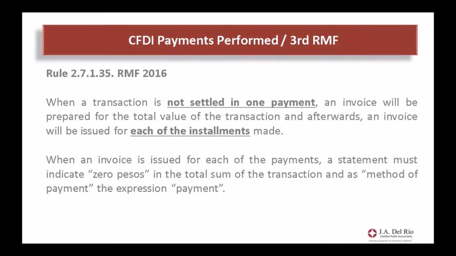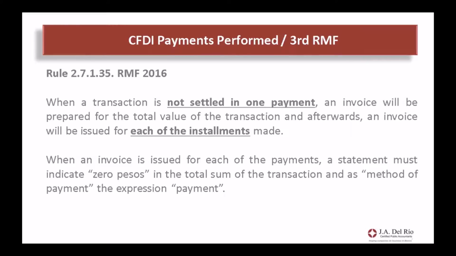So this rule says that when a transaction is not settled in one payment, an invoice will be prepared for the total value of the transaction. That is something that we already do. And afterwards, an invoice will be issued for each of the installments made.